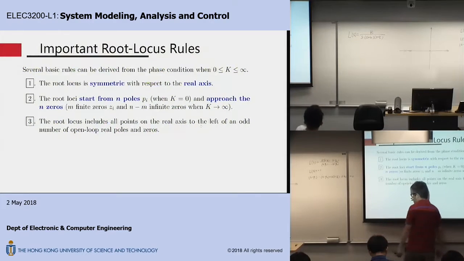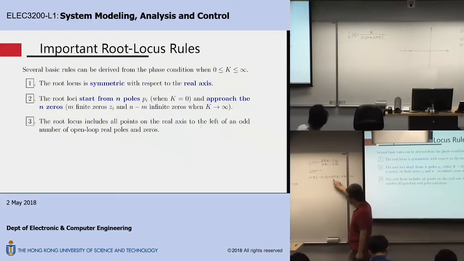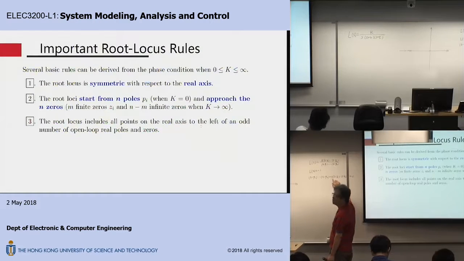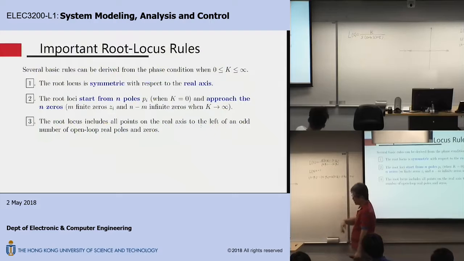But of course, K is not really infinity, it's just huge. So this is an nth order polynomial. You should have n roots. But if you count zeros, you have m of them. So where are the other roots of this when K is huge?